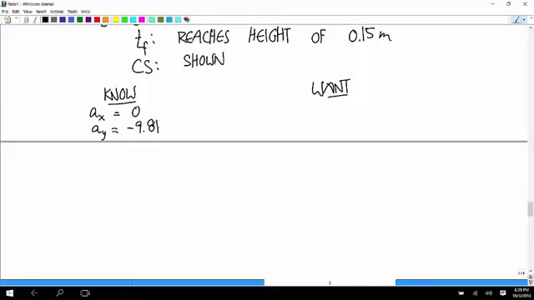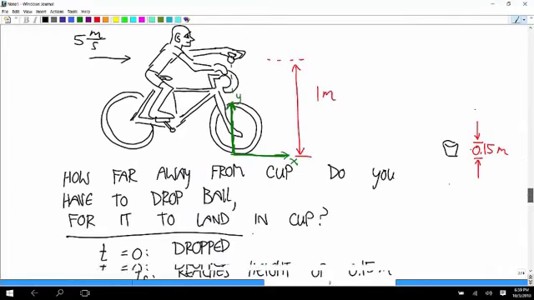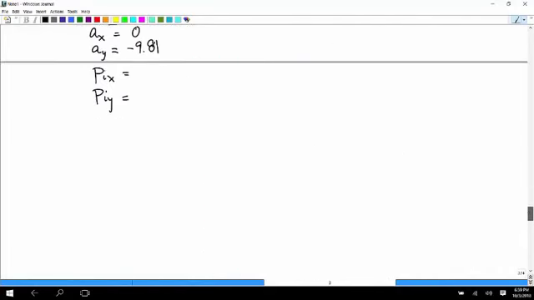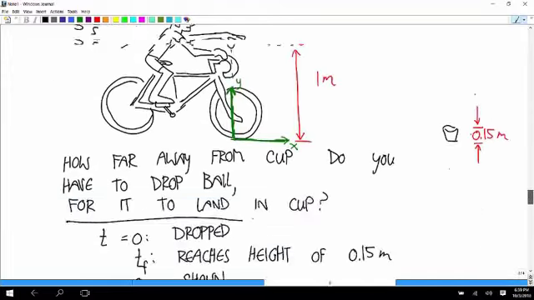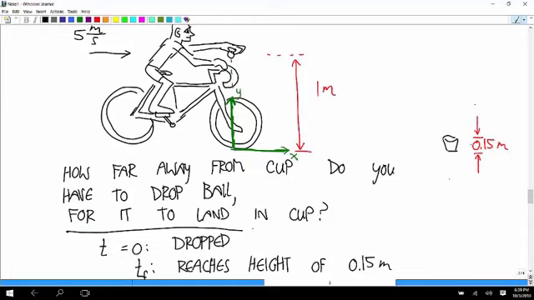The initial position, do we know that? Yes, because I'm writing it here. 1 meter, yep. And that's the y position. The x position is 0 because being dropped from right above the origin.